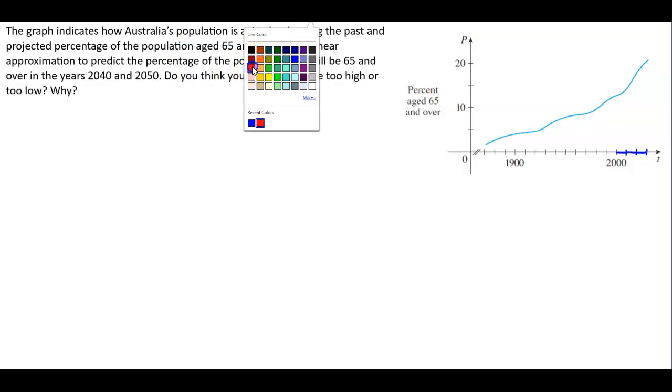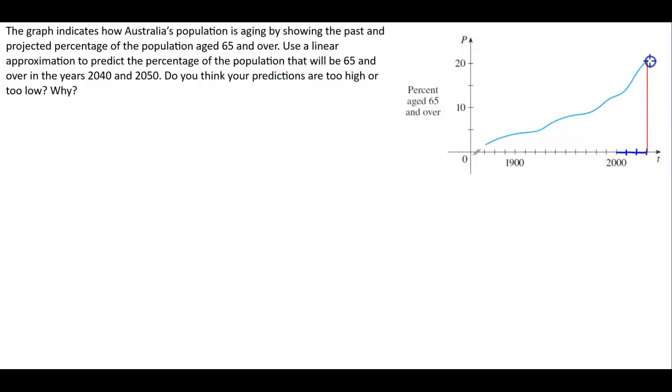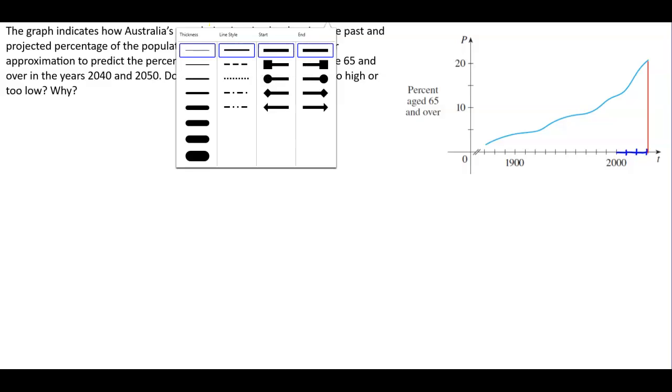From here, which is 2030, we're going to go to this point on the graph. Move that over just a little bit. Now we want to figure out what's going on from here.